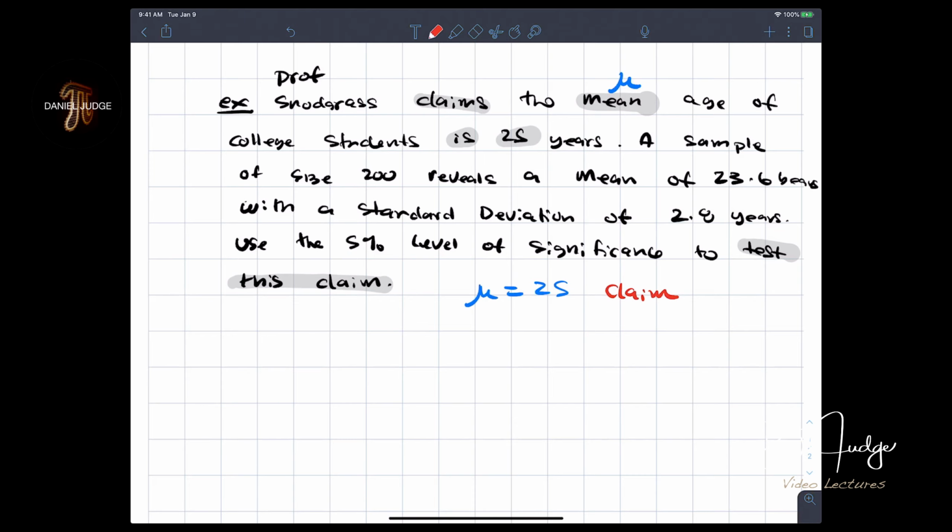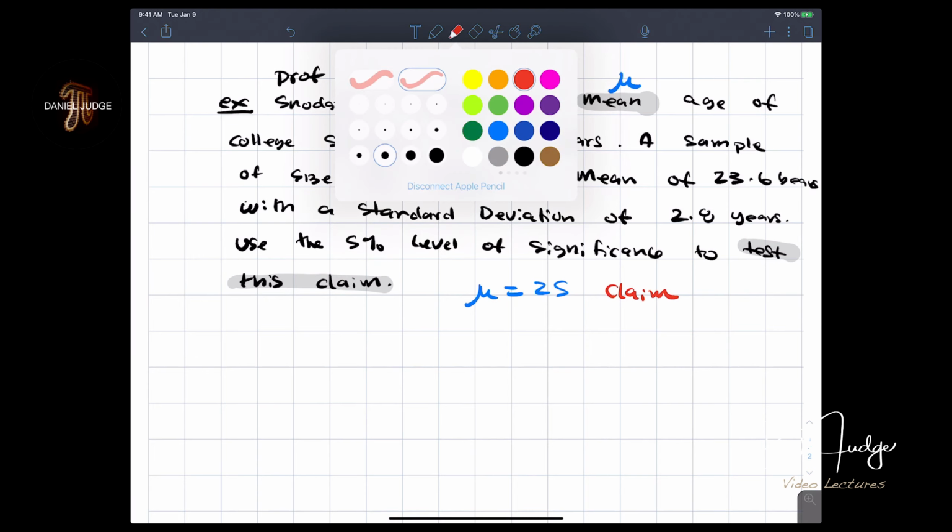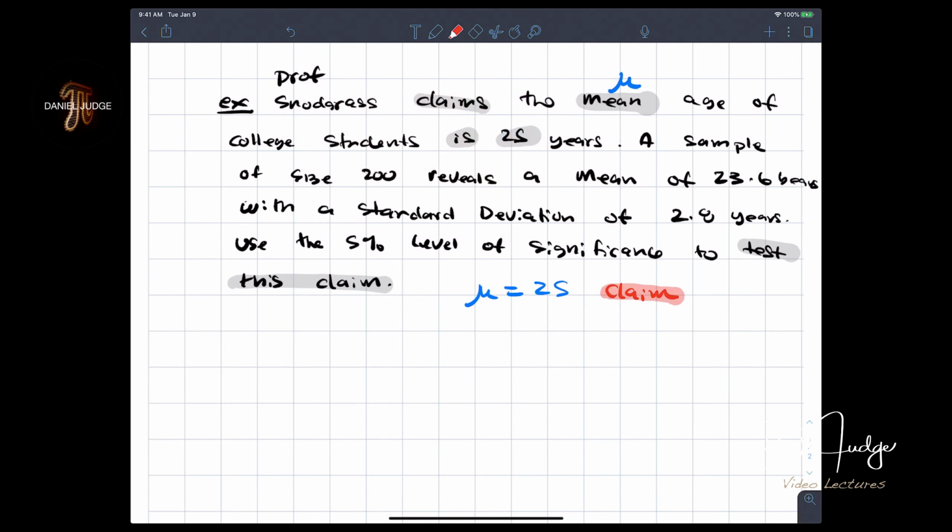Reading what the hypothesis is saying, the symbolism, the inequality or the equality that they give you, you want to write down. But probably just as important is to remember that's the claim. This is what Snodgrass is claiming: that the mean age of college students is 25 years old.